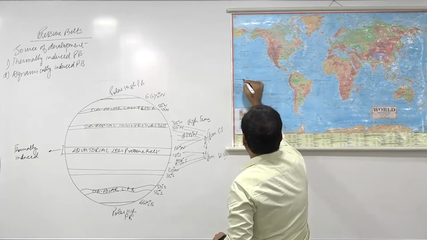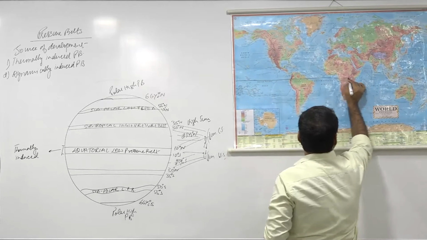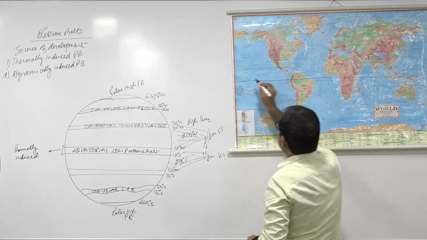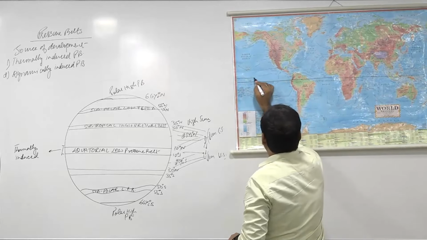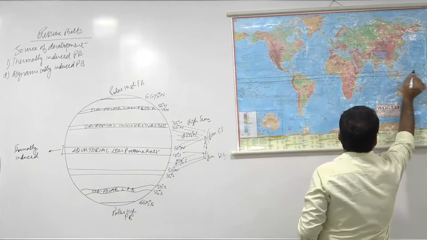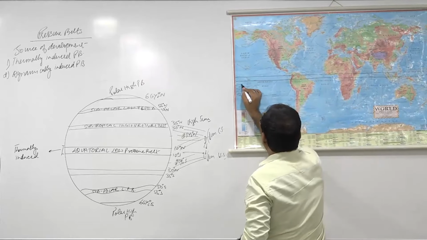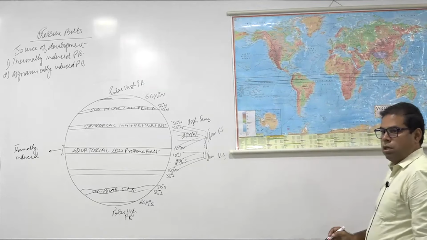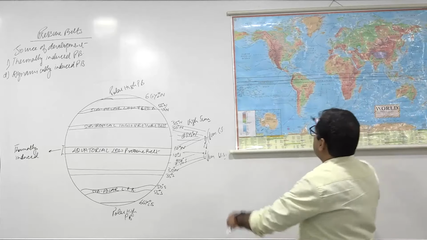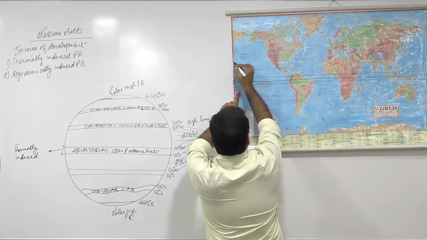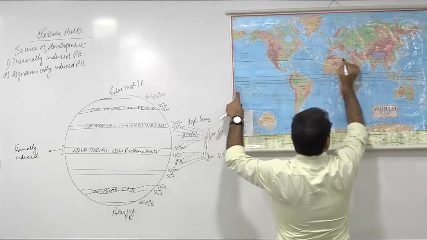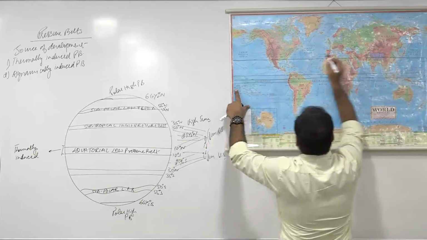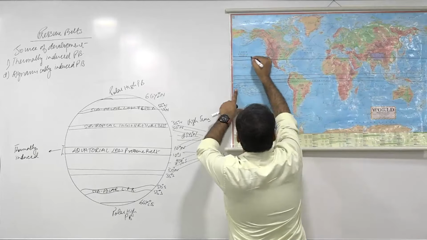This is the equatorial low, at the equator, 10 degrees north, 10 degrees south. You can find out which areas of the world come in this zone, right? Subtropical high, 30 degree latitude, and then 35 degree latitude.